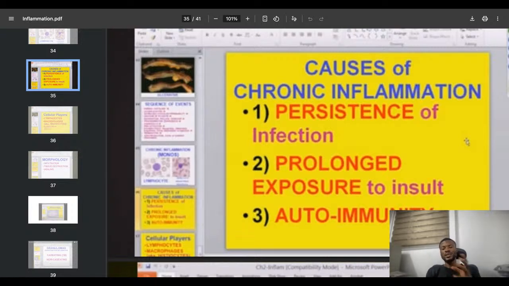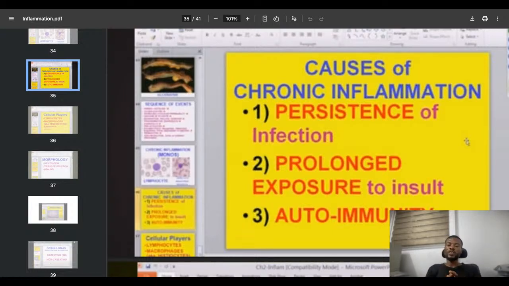So when that happens, the body will transition from acute inflammation into chronic inflammation, whereby different types of white blood cells are now going to be enrolled or recruited to the site of inflammation.